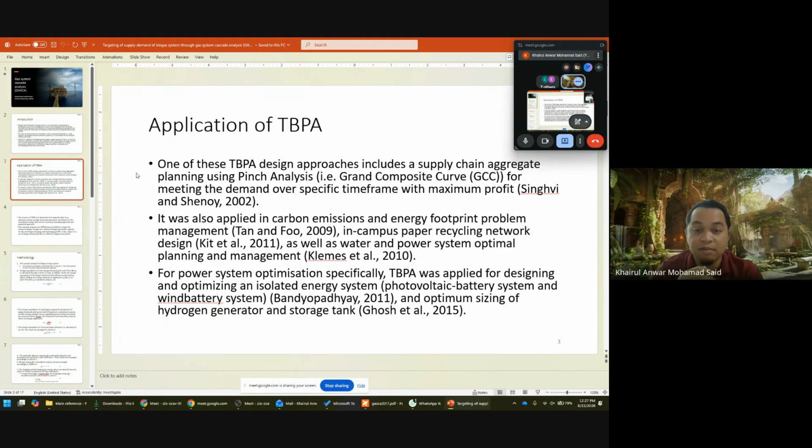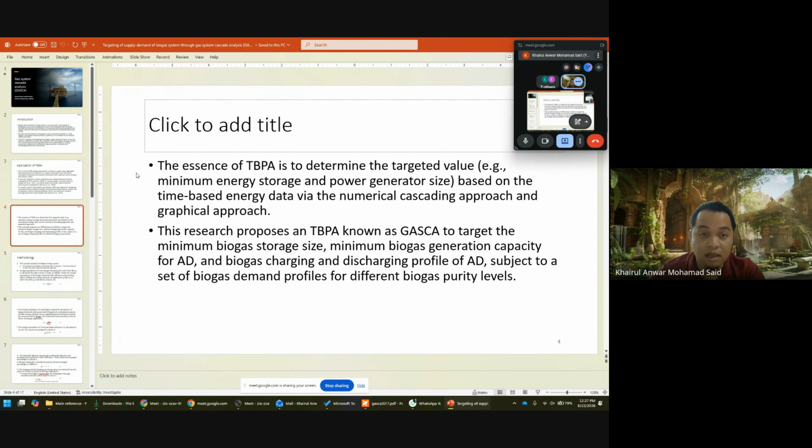For power system optimization, TBPA was applied for designing and optimizing an isolated energy system and the monetizing of hydrogen generator and storage. The essence of TBPA is to determine the targeted value based on time-based energy data using the cascading approach, a graphical approach.